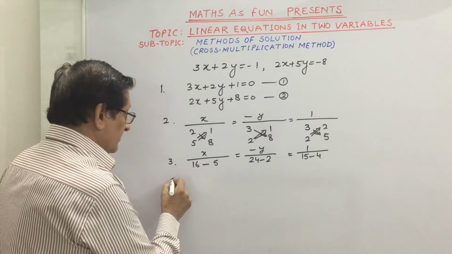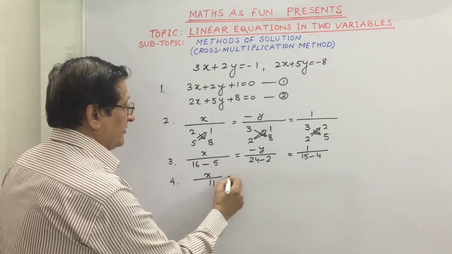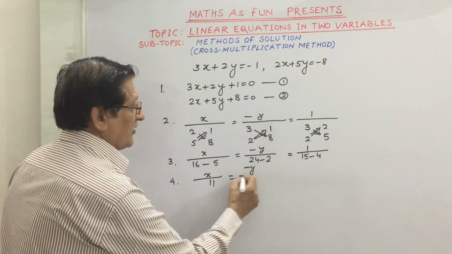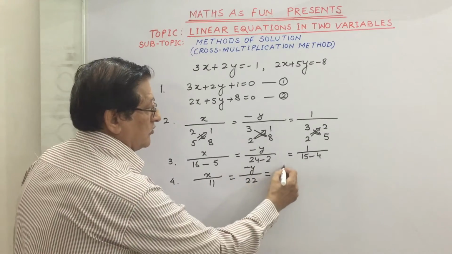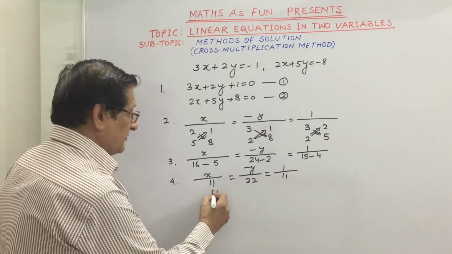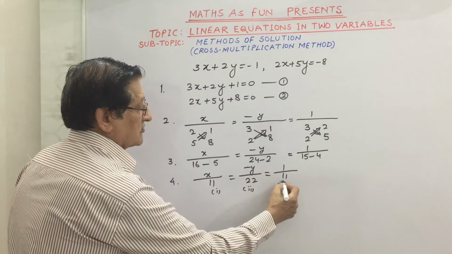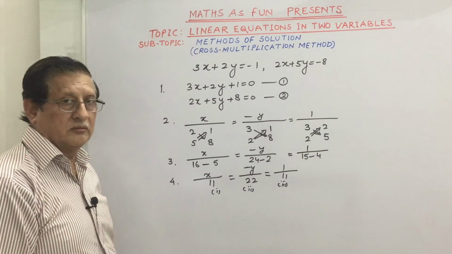And we get here in the fourth term, x upon 11 equal to minus y upon 22 equal to 1 upon 11. As I told you, we'll write them as first, second and third.